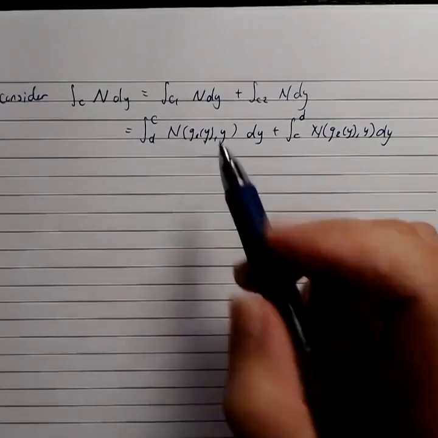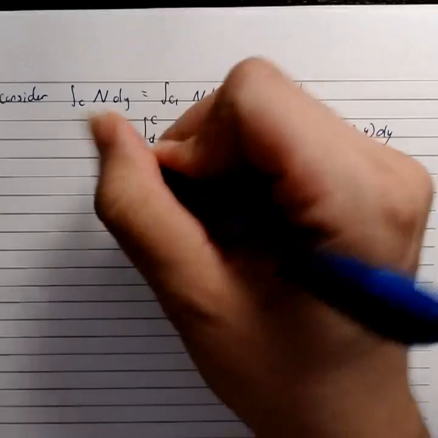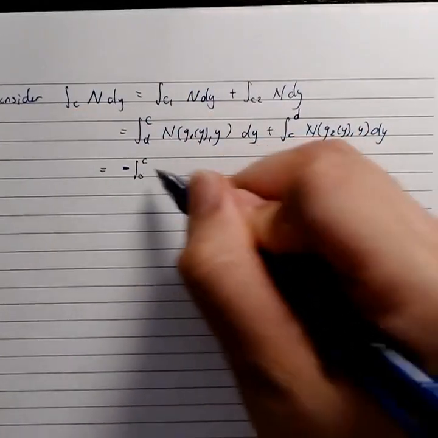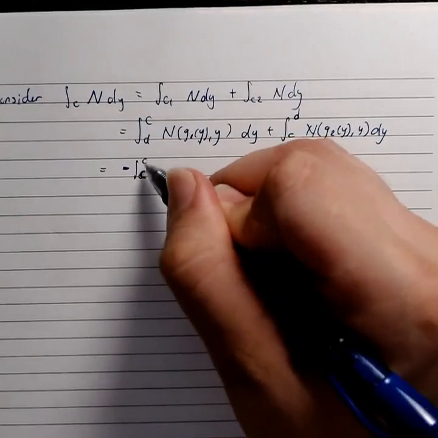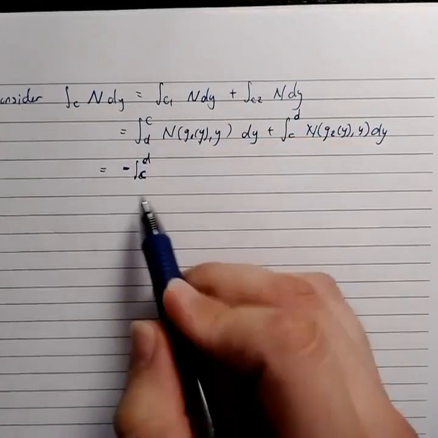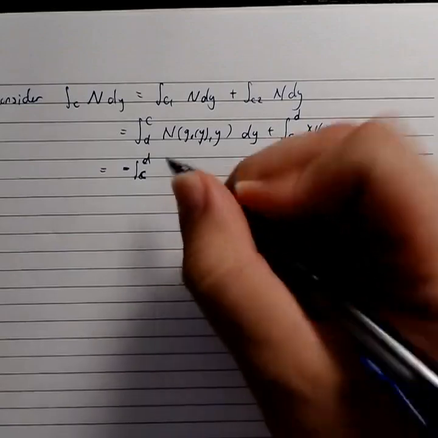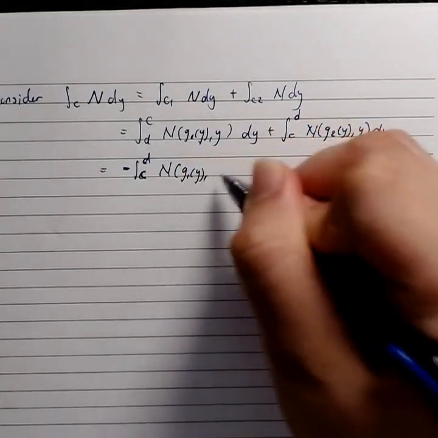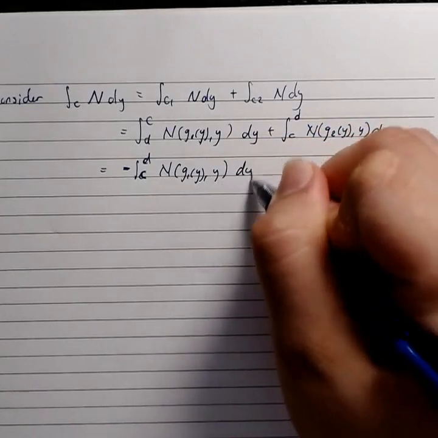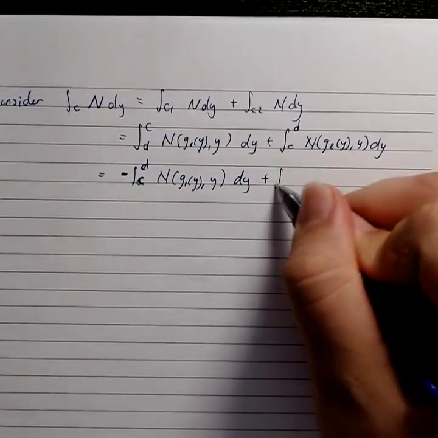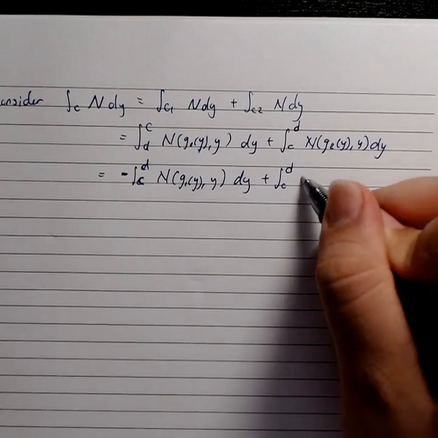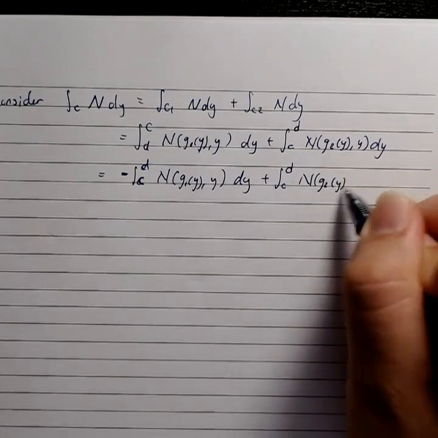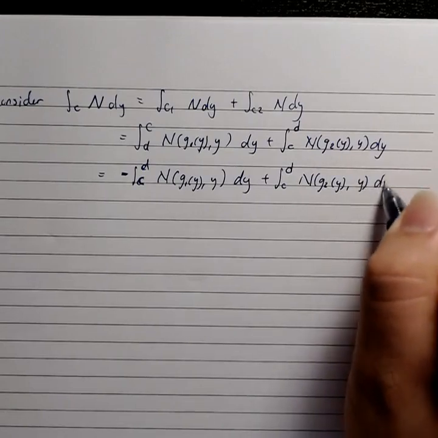It looks a little strange to have D to C, so let me flip this one. To flip these boundaries from C to D, I have to make this the negative. So this is negative the integral from C to D, just a regular old integral that you would see in Cal 1, of n of g1 of y, comma y, dy, plus the integral from C to D, and here I'm going to leave this one alone, n of g2 of y, comma y, dy.